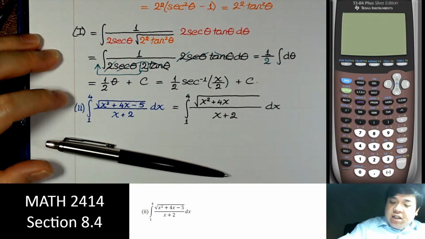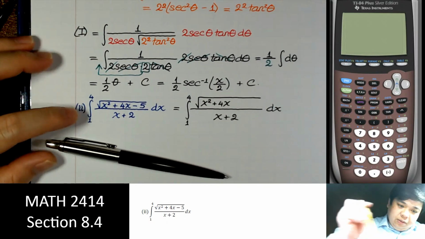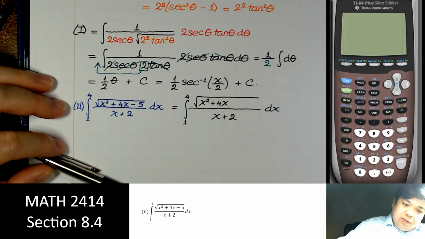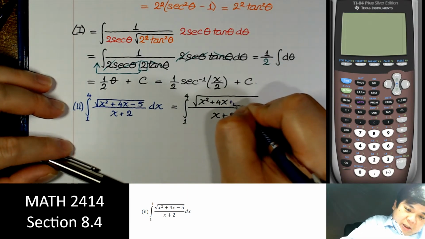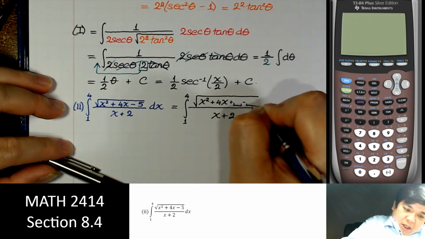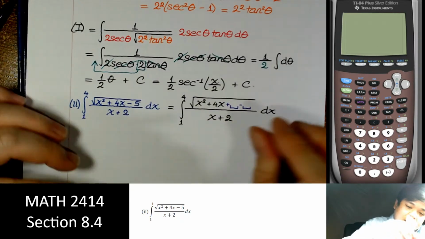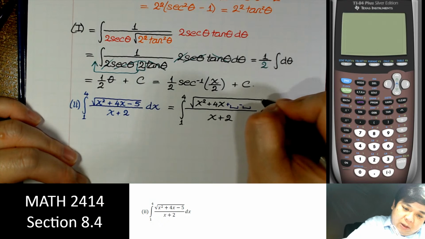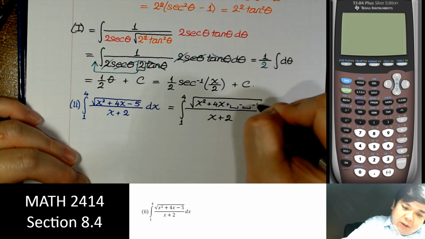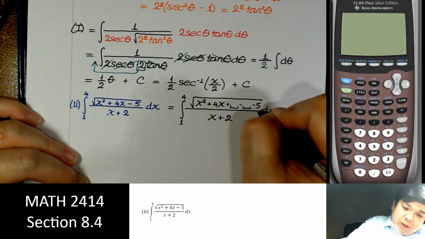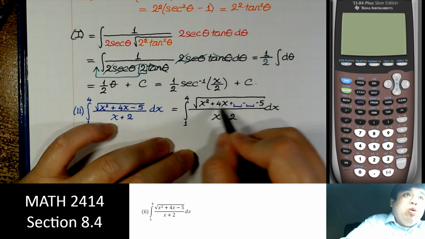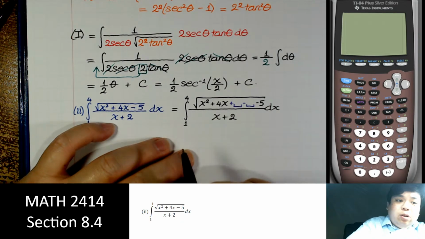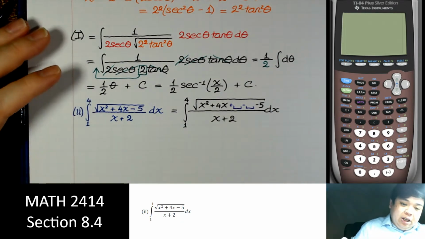We want to split that. We're going to add something, subtract the same thing, so that the first 3 terms will be a complete square.